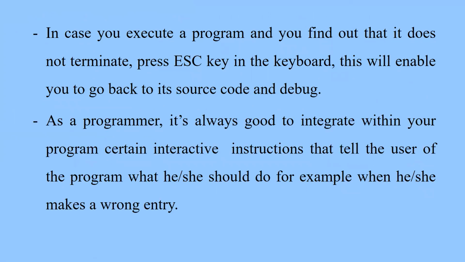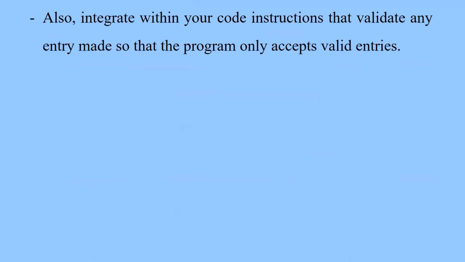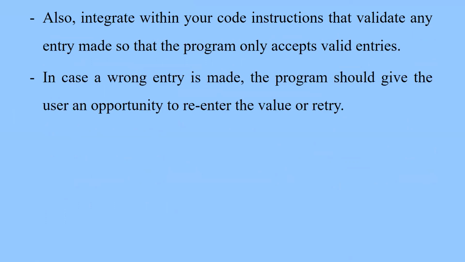As a programmer, it's always good to integrate within your program certain interactive instructions that tell the user of the program what he or she should do, for example, when he or she makes a wrong entry. Also, integrate within your code instructions that validate any entry made so that the program only accepts valid entries.